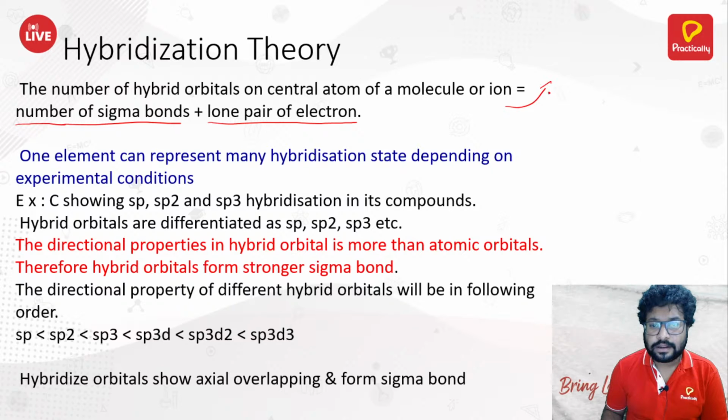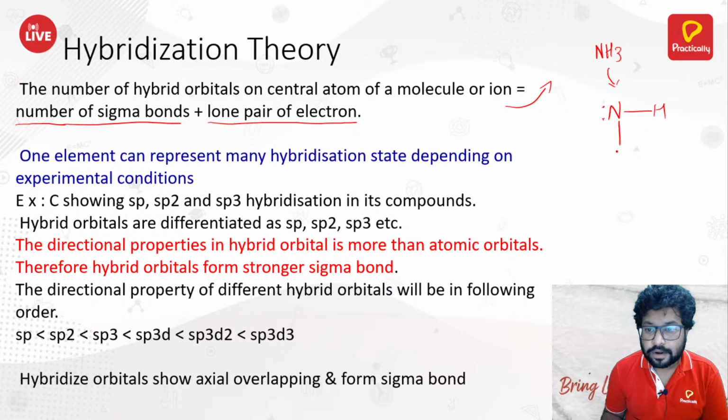For example, look at NH3. In NH3 you have one lone pair and 3 sigma bonds: 1, 2, 3, plus this 1. How much is the number? 4. And the number 4 corresponds to sp3.